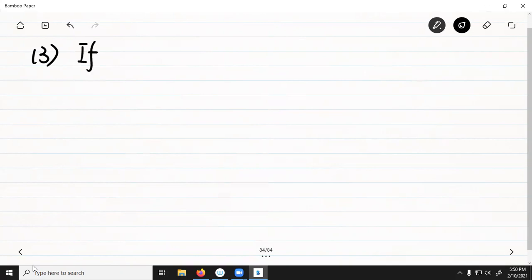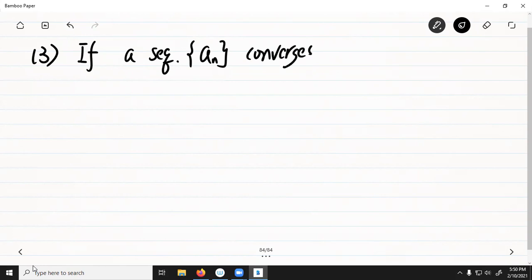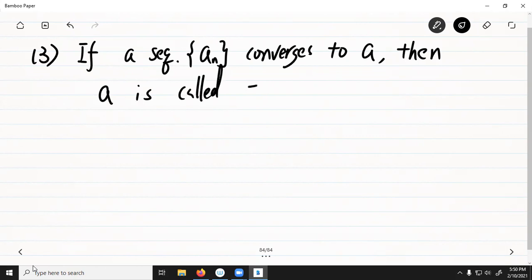If a sequence converges to a number A, then we call A the limit of the sequence a_n.